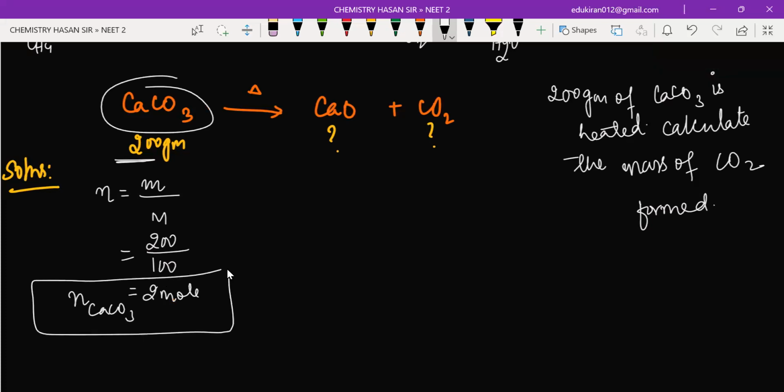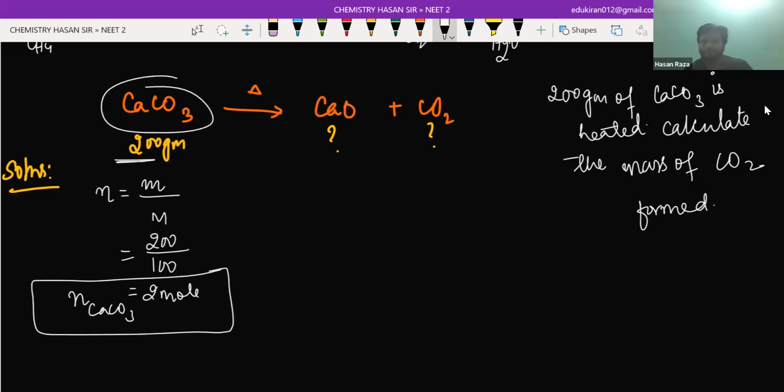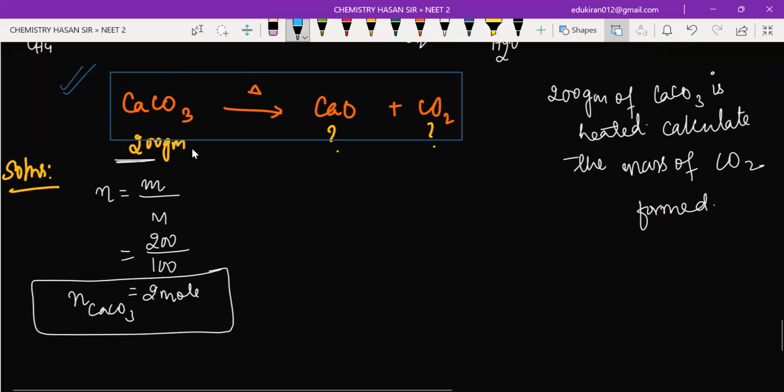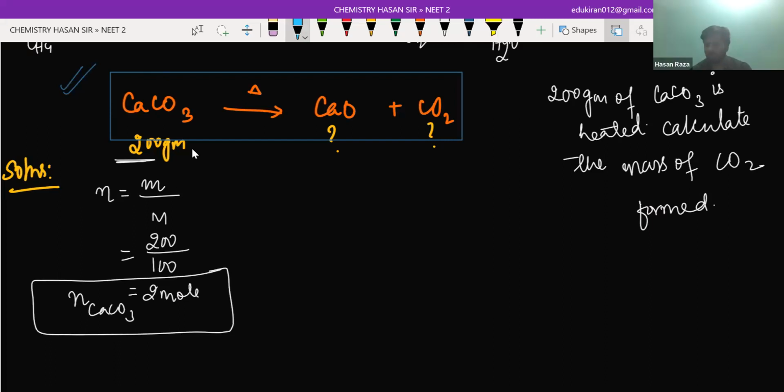Yes, sir. Now go to the balanced equation, the primary equation, and see whether it is balanced or not. So let me know whether this reaction is balanced or not. What do you think? Is it balanced? No. Rabia, did you say no? Yes, sir.